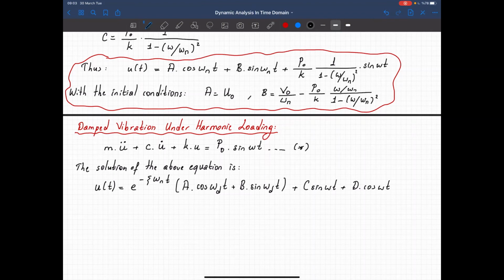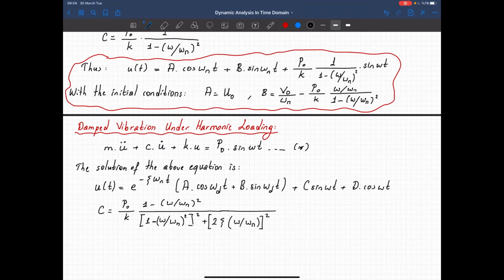And in that case, C will be equal to P0 over k times 1 minus omega over omega n squared, divided by 1 minus omega over omega n squared, squared, plus 2 times psi omega over omega n squared. That's the coefficient of C.